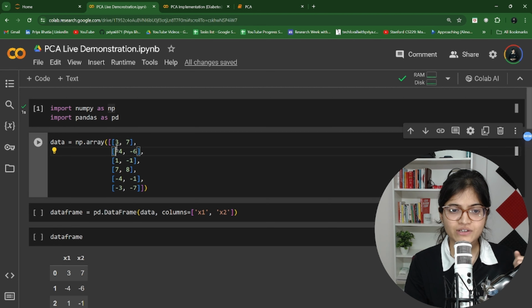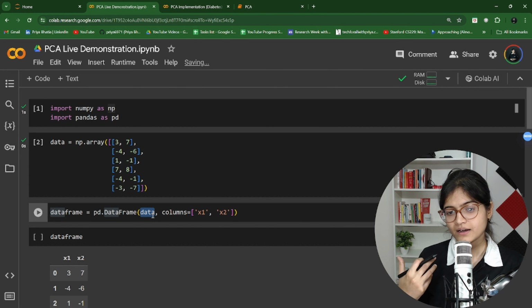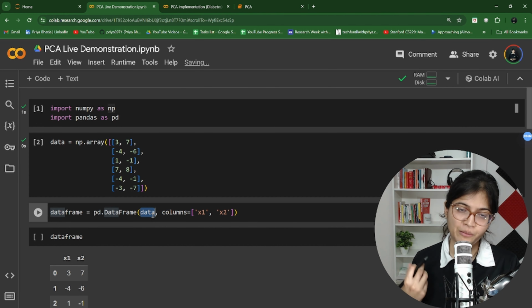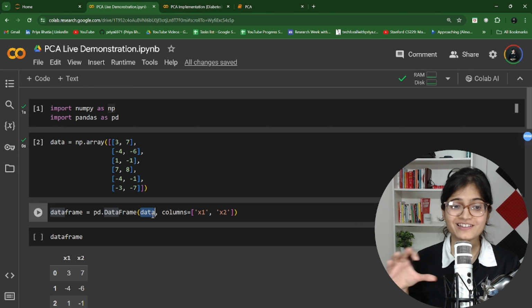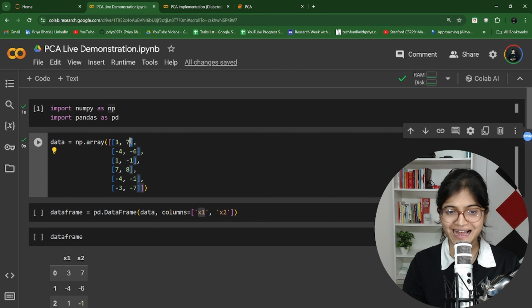Values are 3, 7, -4, -6, 1, -1, 7, 8, -4, -1, and -3, -7. So this array we have created. Now we are creating a data frame of that array, because whatever functions and computations we need can be done on top of it. So we are creating separate columns named x1 and x2.